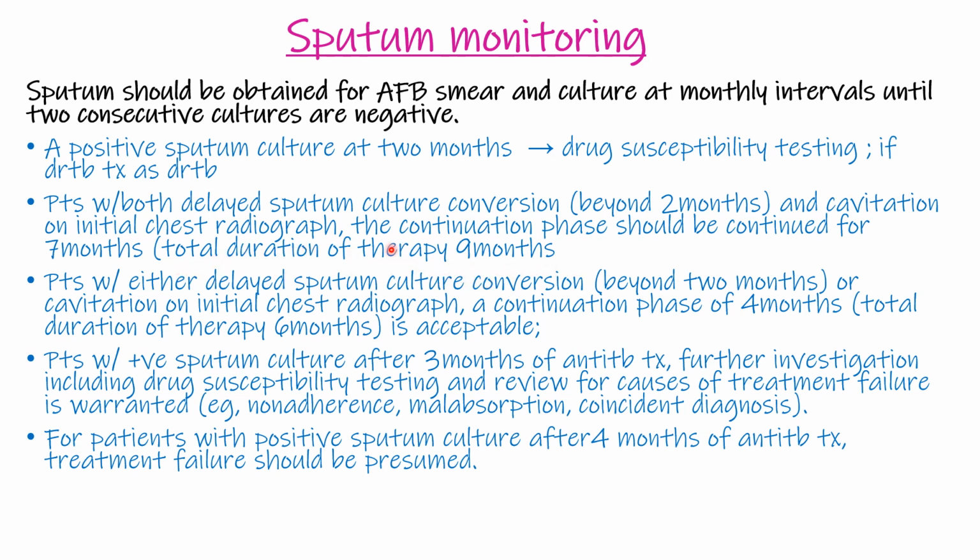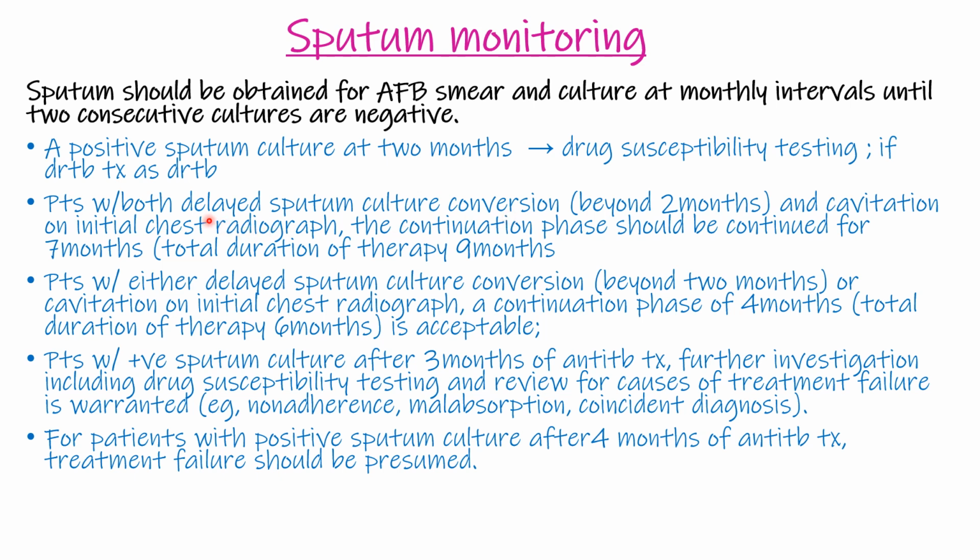So let me explain what is delayed culture conversion. Delayed culture conversion is where, when you are starting the treatment, you did a culture and the culture was positive. Later, approximately at 2 months, in an ideal setting with appropriate treatment, you should have a culture which is negative.